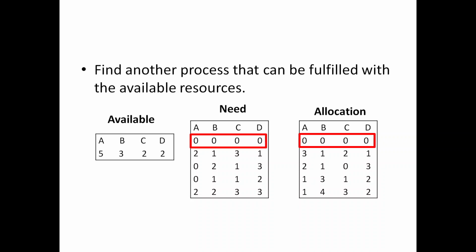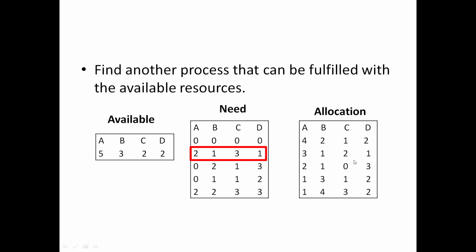Now after completing the first process, we are targeting the second process. The second process can also be completed since the available resources are more than the need of the process. So we just do it in a single step. If these resources are allocated to the process, we are going to get all the resources of this process.